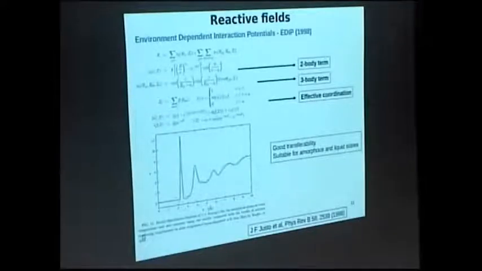Here, there is one that was dislocated in time in some sense, because it came later. It's the EDIP potential, that is also a reactive potential, really, and works really nicely for liquids, liquid carbon, for example, and some amorphous materials, and it was made by Professor Justo of USP. But for some reason, they didn't develop it much further after the 90s.